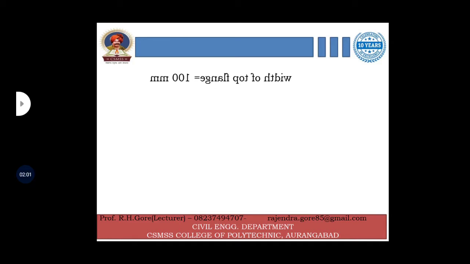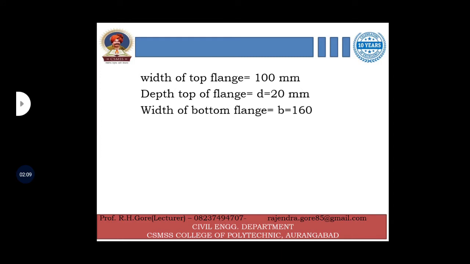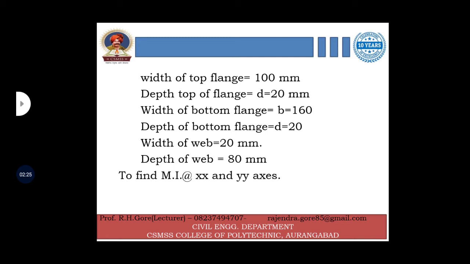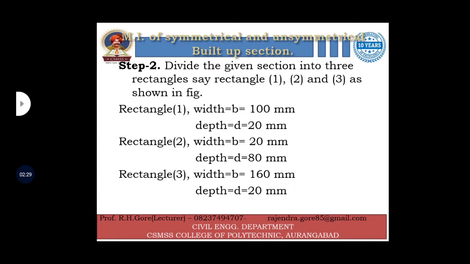Width of top flange is 100 mm, depth of flange is 20 mm, width of bottom flange is 160 and depth of bottom flange is 20 mm, width of web is 20 mm and depth of web is 80 mm, and we have to find out the moment of inertia about xx and yy axis, that means Ixx and Iyy.